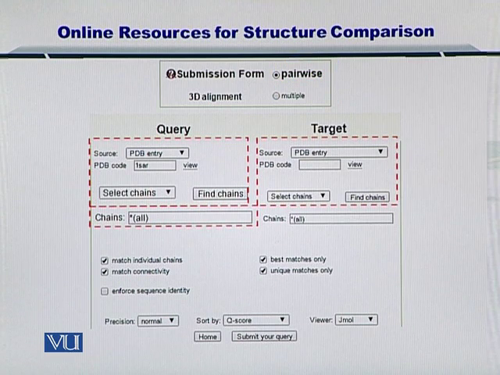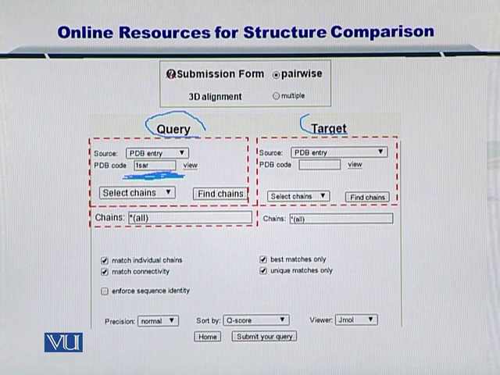If you look at the left side, you can see the query box in the red dotted square, and you can select the source or the query protein by looking at its PDB entry, and here you can also provide its PDB code. So if you know which query protein you are using and its PDB code, then you can input it here.